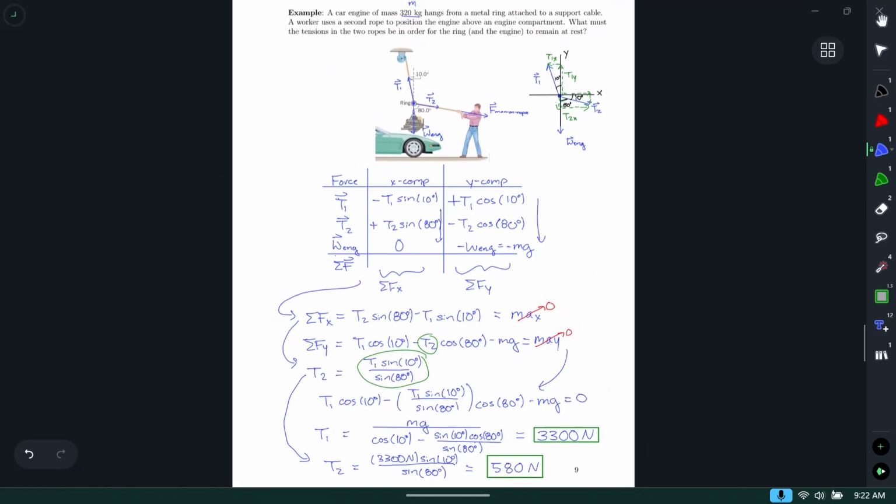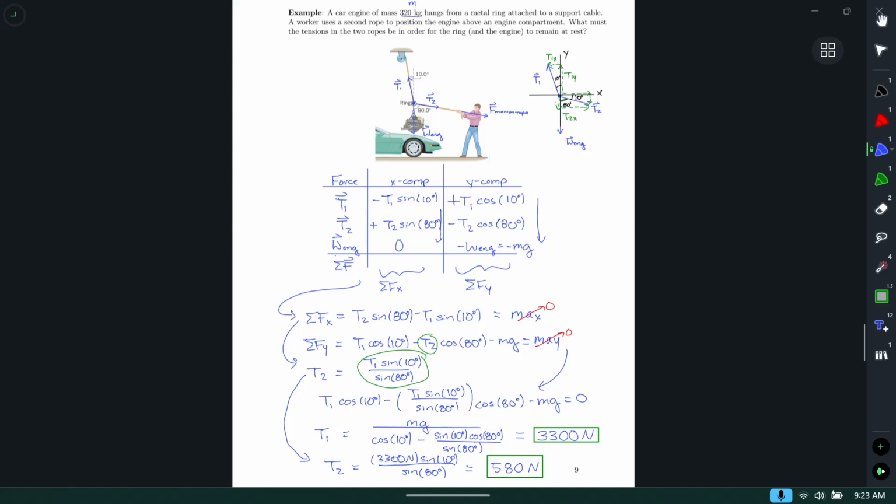So this says T1 is supporting the majority of the engine's weight, which makes sense. You don't want to be the one holding the weight of the engine. You're just trying to guide it into place with tension T2. The weight of the engine is 320 times 9.8, mg. It's about 3,100 newtons. T1 is actually a little bit bigger than that, though.